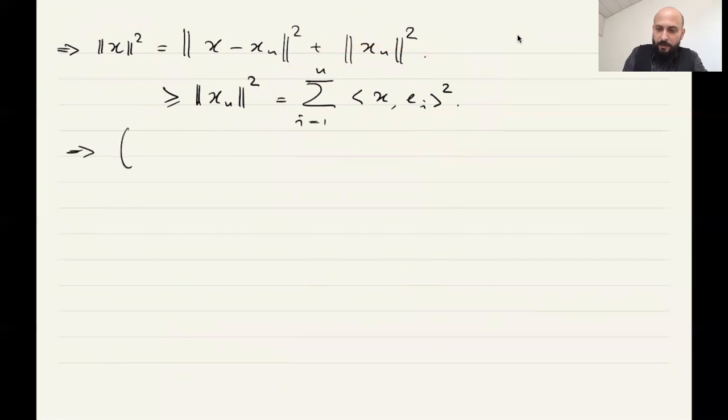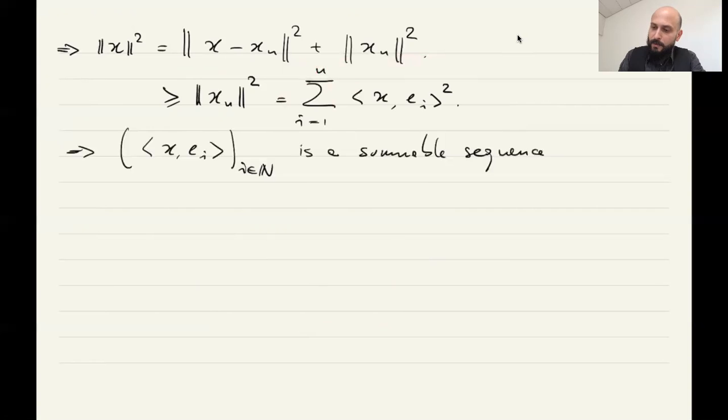So we get that the sequence <x, e_i>, where i runs in the natural numbers, is a summable sequence in V. Good.